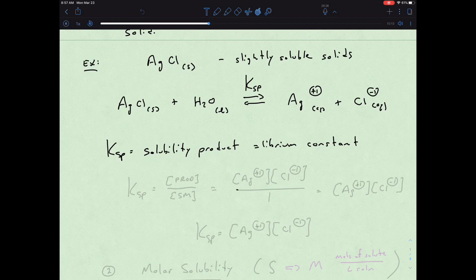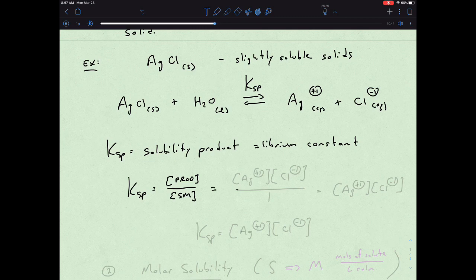There's nothing new here as far as big K, except for the fact that we have this solubility product idea, or slightly soluble solid idea. So our Ksp is just like we've done in the past, the idea of our products over our starting materials.